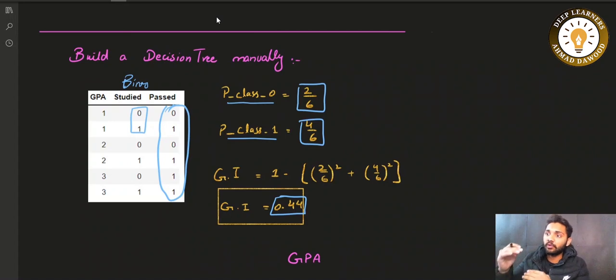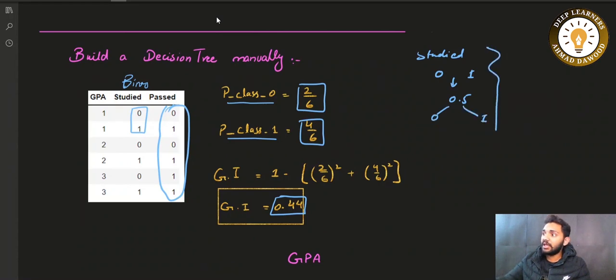In the case of the studied column we have 2 values, so there will be one threshold or split value, which will be 0.5. The values less than 0.5 will be 0, and greater than 0.5 will be 1.